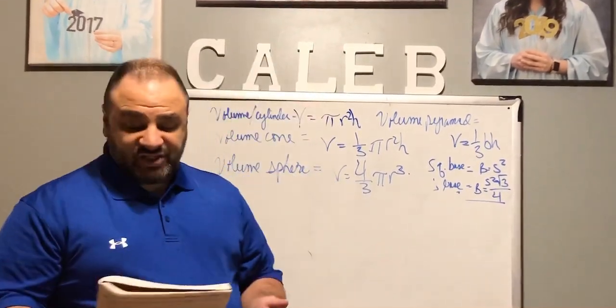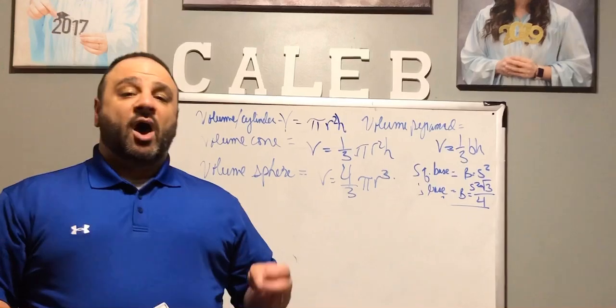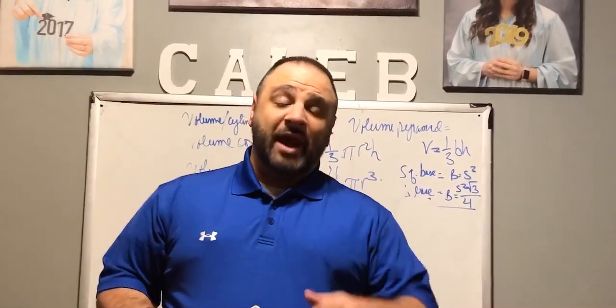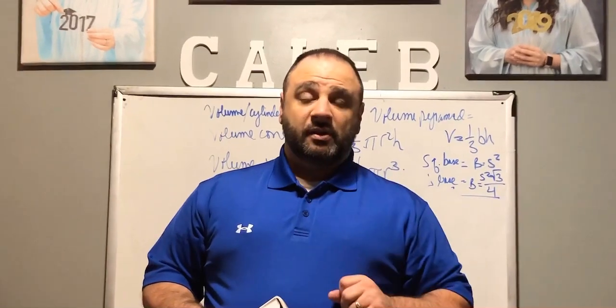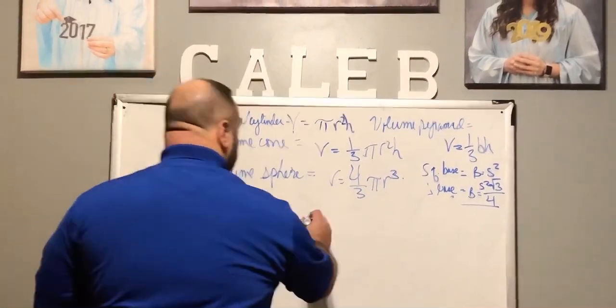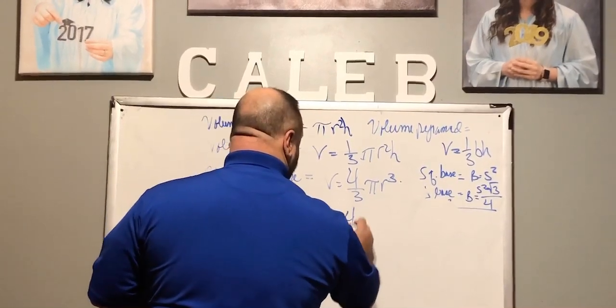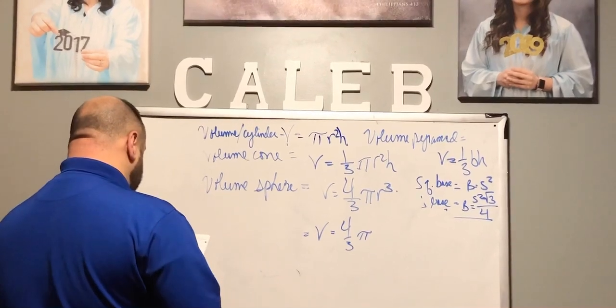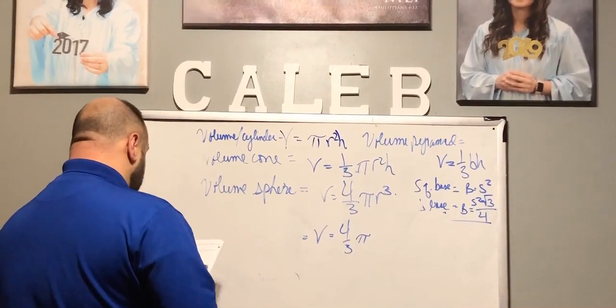So we have a sphere with a diameter of 24 centimeters. If it's a diameter, remember, how do we find the radius? Good, we simply divide that by 2. So volume equals 4/3 times pi. Again, express answers in terms of pi.